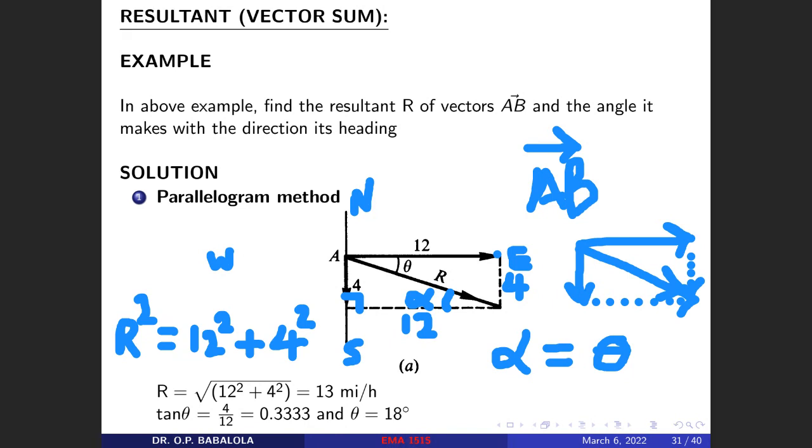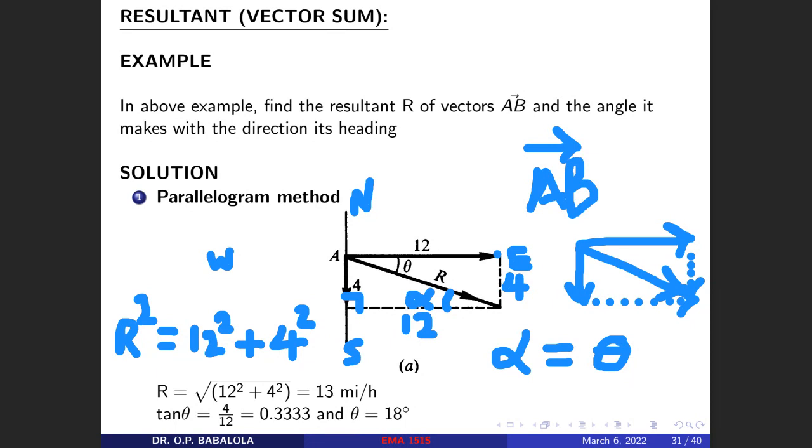We are also asked to find the angle it makes with the direction it's heading. So this theta now is what we're looking for, theta or alpha, whichever one. It's heading eastward.